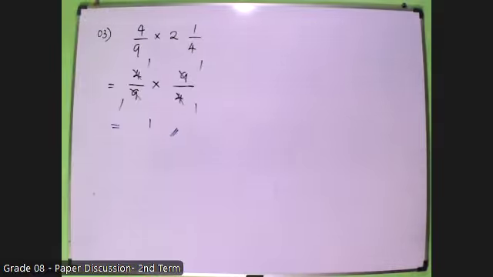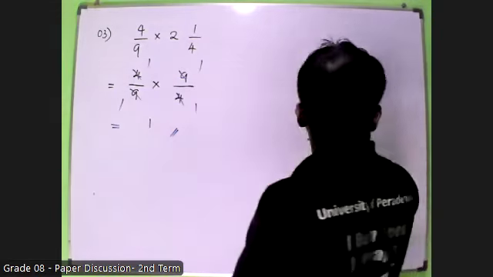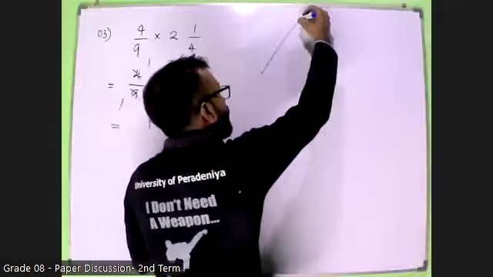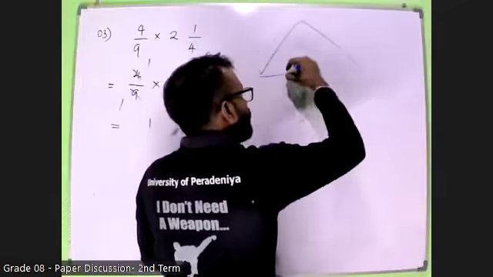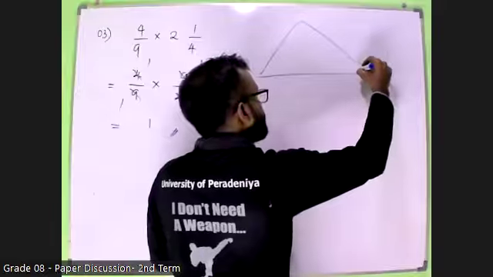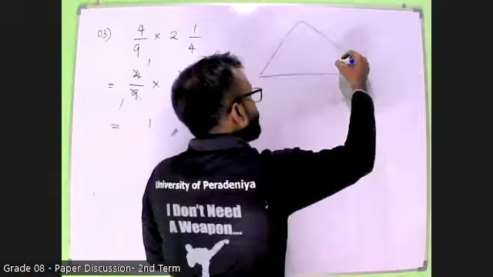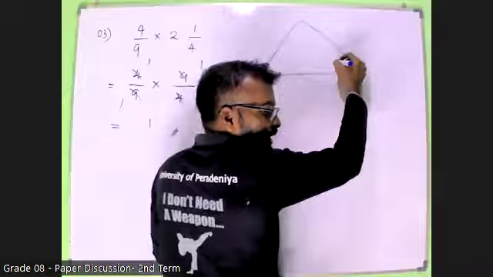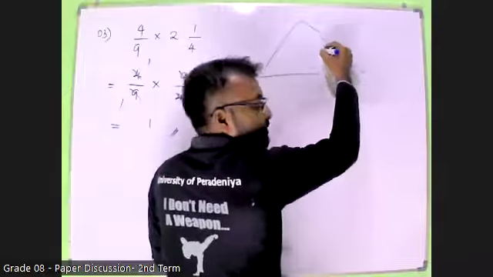Fourth one: find the value of a naught. There is a triangle, something like this. What is the answer for the summation of interior angles of a triangle?